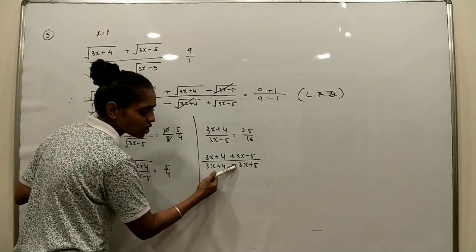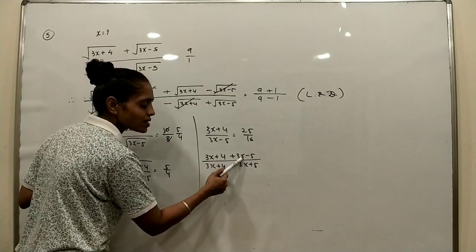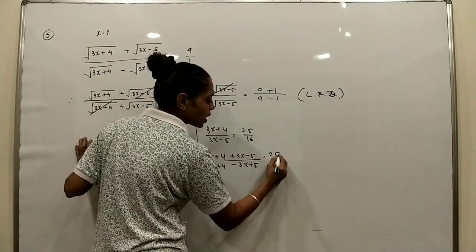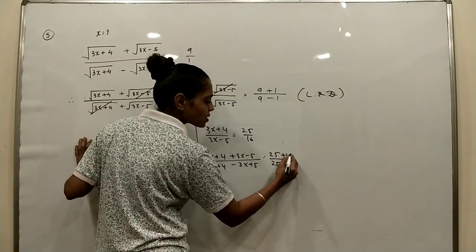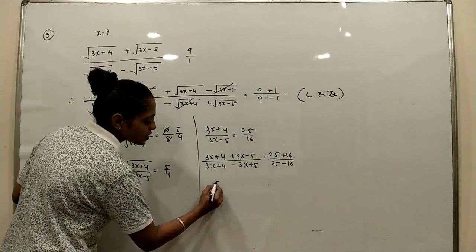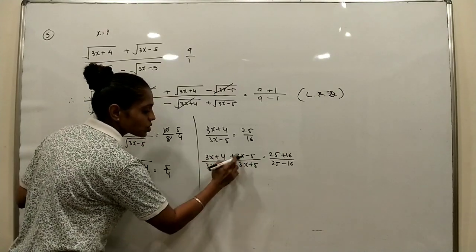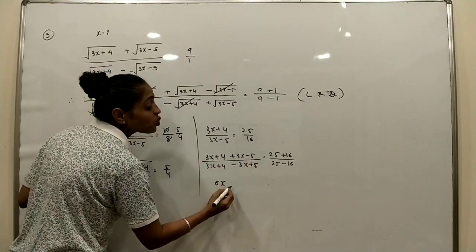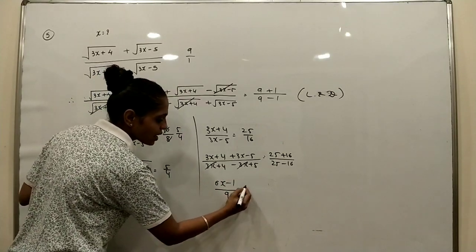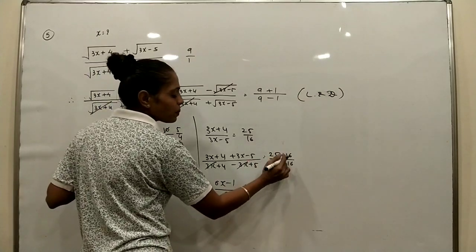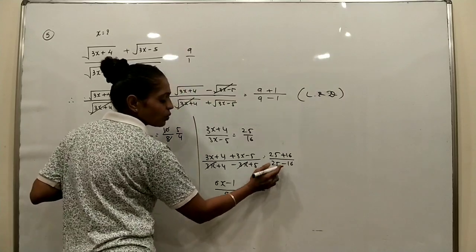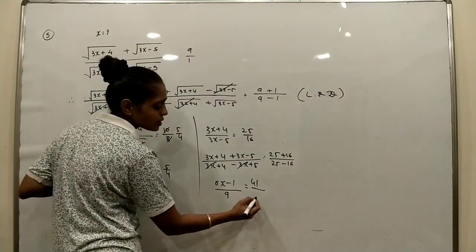Plus means same as it is, but minus, the sign will change. Now 3x and 3x: 6x plus 4 minus 5 is minus 1. 3x cancel. 5 plus 4 is 9. 25 plus 16 is 41. 25 minus 16 is 9.